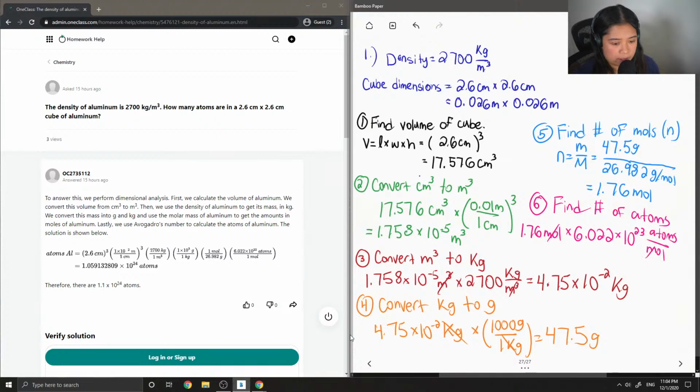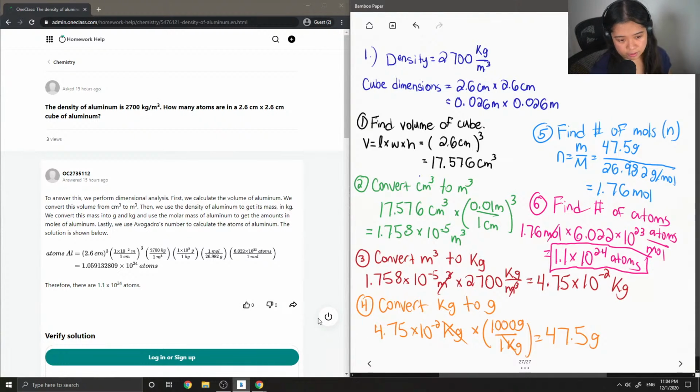Our moles will cancel out, and we're left with a value of 1.1 times 10 to the 24 atoms. Like I said, this is a multi-step question, but the more you get used to converting, the faster it'll be to answer a question like this.